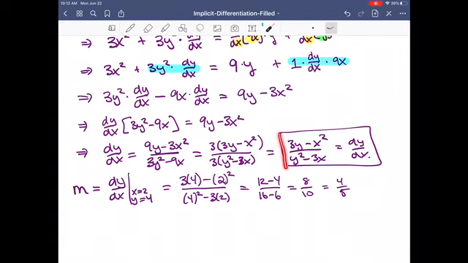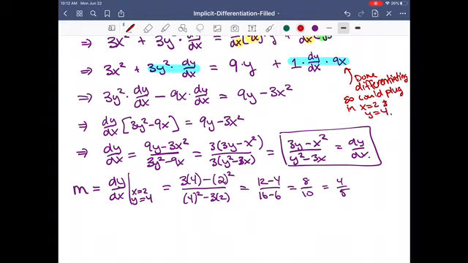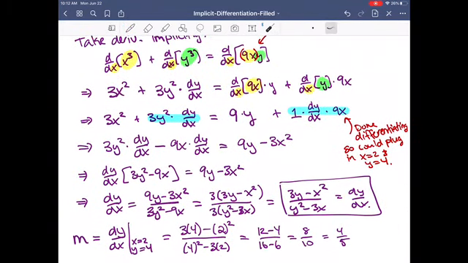But I find it sometimes useful to solve for the derivative completely and then plug in the points. But it's up to you. So maybe I'll just make a little note here. At this point, we're done differentiating. So we could plug in x equals 2 and y equals 4 at that point, but no earlier. At the step before, we were still computing derivatives. So we need to compute those derivatives before we plug anything in.